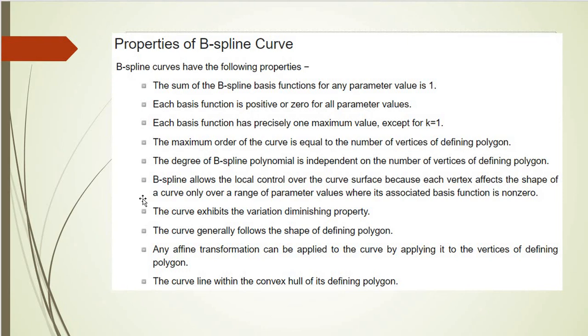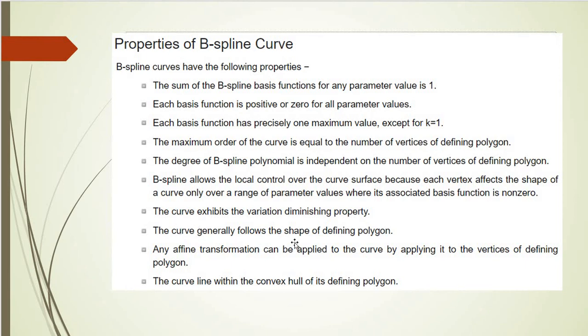Now, what is the meaning of global control over here? If we are moving any control point, then the complete curve will be changed in case of Bezier curve. In B-spline curve, if you are moving any control point, only that local area of a curve will be changed, not the complete curve.